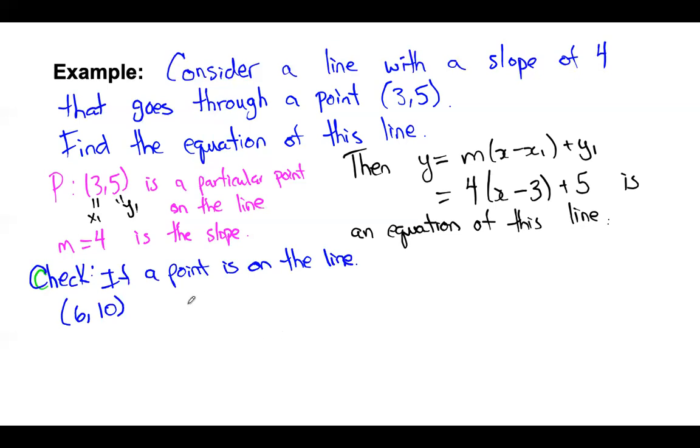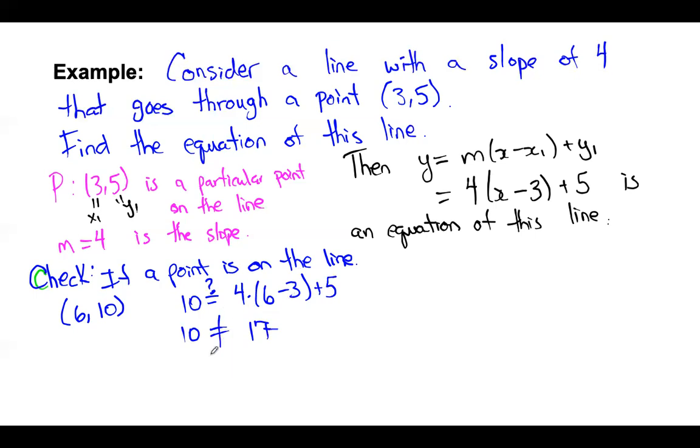So the idea is to check by saying, 10 over here, is that equal to 4 times 6 minus 3 plus 5? Question mark. Does this point satisfy this equation? No, right? This is 10, and this would be equal to, calculating it, 17.